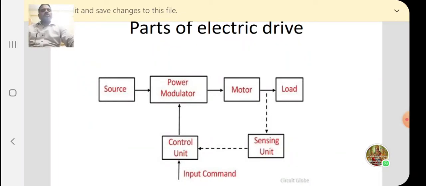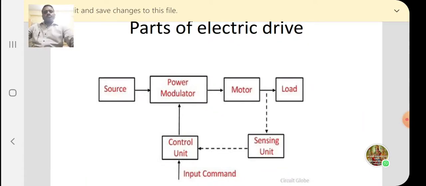The DC power supply needs a battery of suitable voltage to meet the load. These are the knowledge about the motor, power modulator and sources, the load across the electric drives.